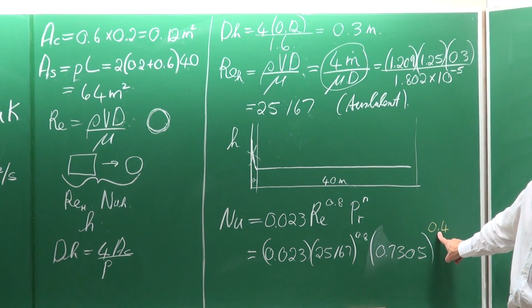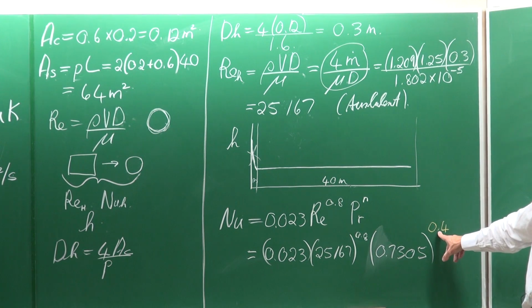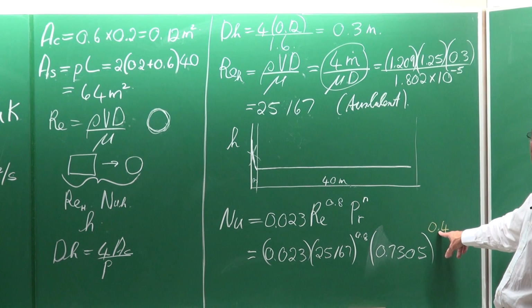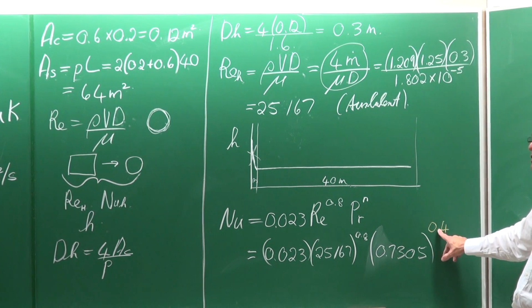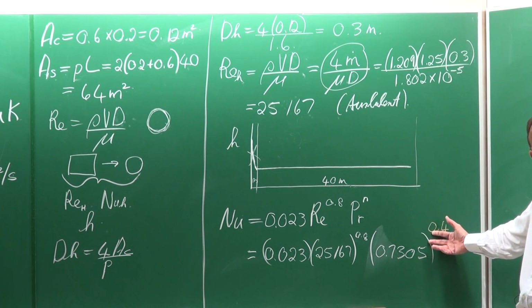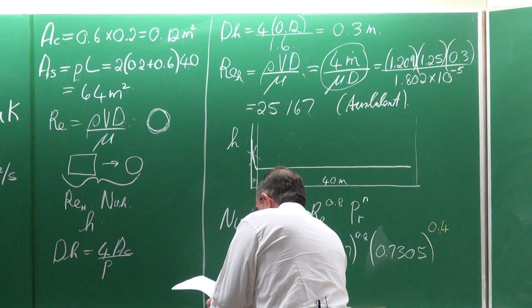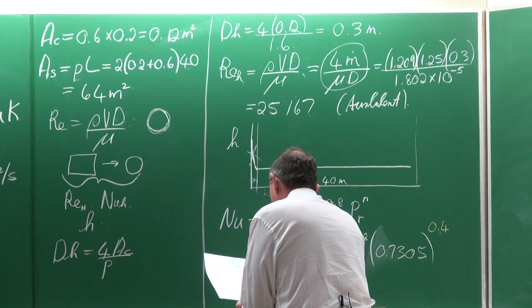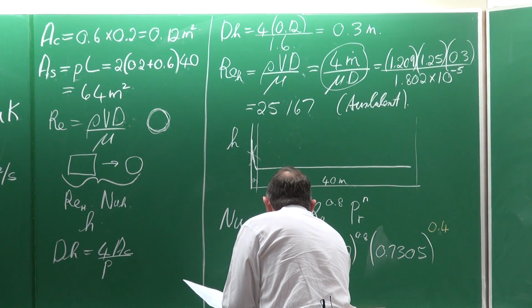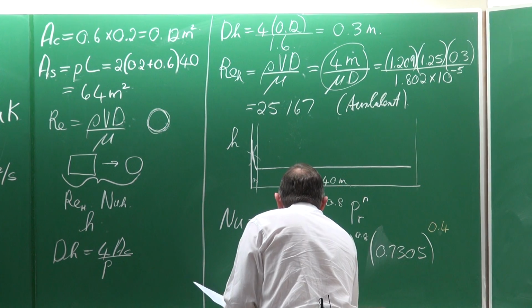Why? Because you've got an option of n for heating or cooling. If the fluid is being cooled, n is equal to 0.3. If it is being heated, it is 0.4. So we need to use 0.4. And if we use that to calculate the Nusselt number, then the Nusselt number is 67.27.